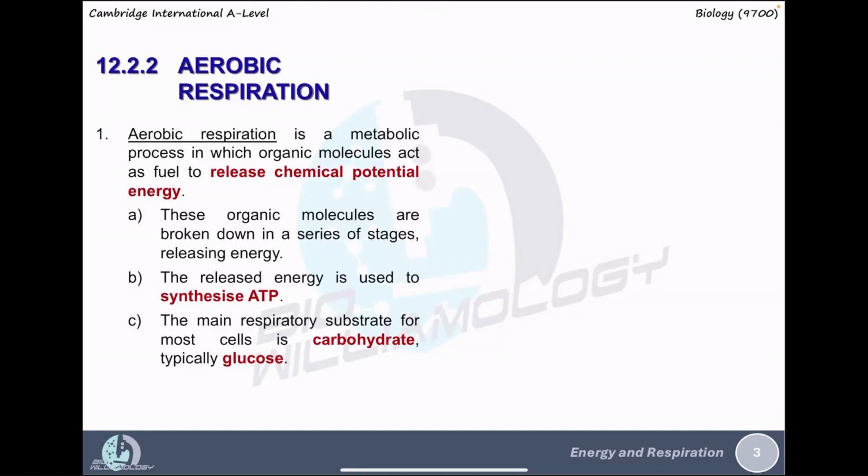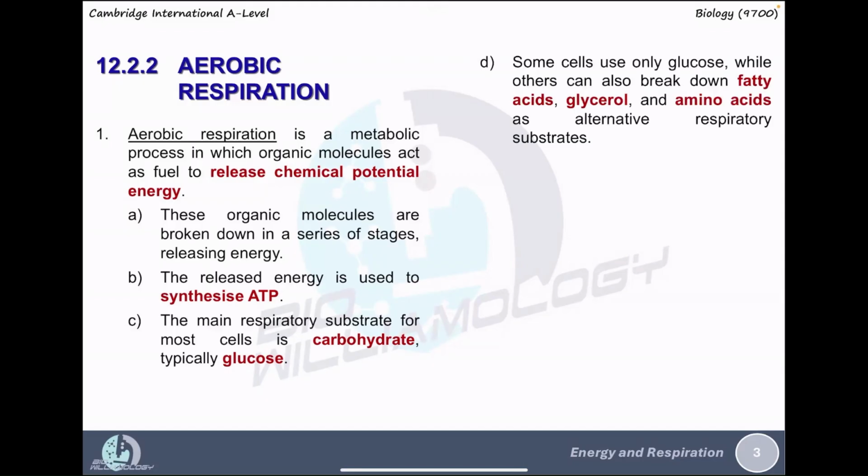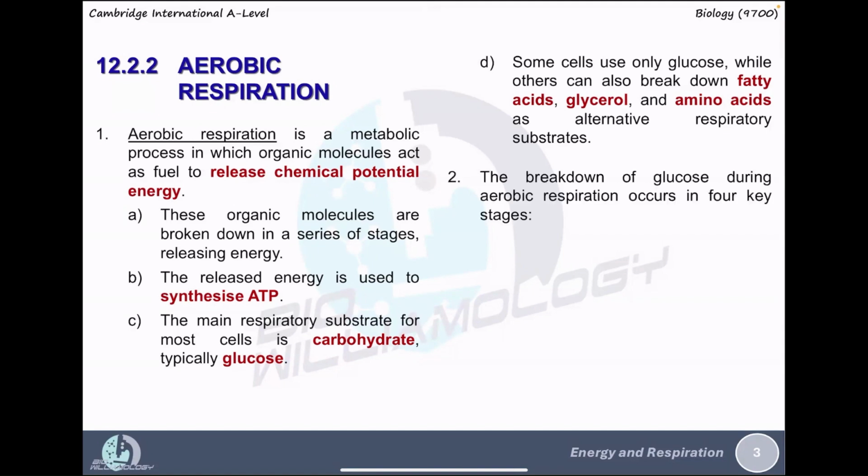Typically, we use glucose as our main respiratory substrate. Some cells use only glucose, but other cells may break down fatty acid, glycerol, amino acid as alternative respiratory substrate. The breakdown of glucose during aerobic respiration occurs in 4 key stages, which are glycolysis, link reaction, Krebs cycle, and oxidative phosphorylation.